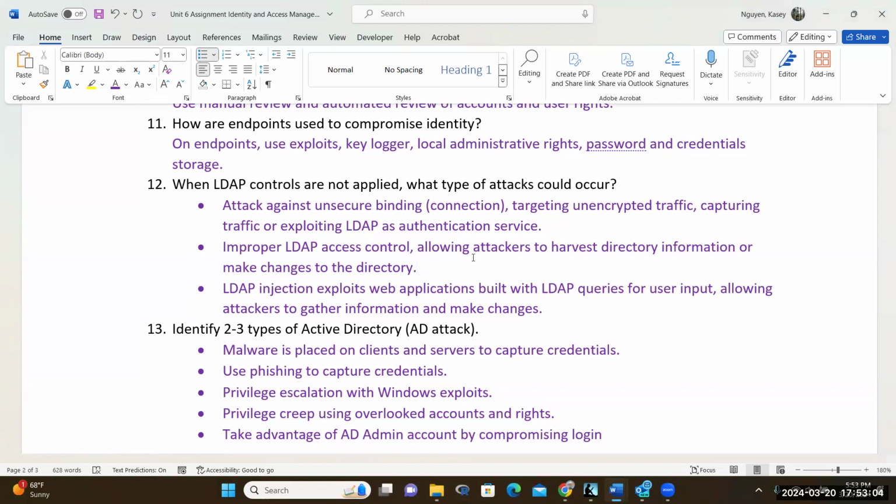If it is Windows-based, and if injection is used on the system, then they're able to query. Looking for passwords, looking for certain levels of accounts or systems. And then even modifying your directory.